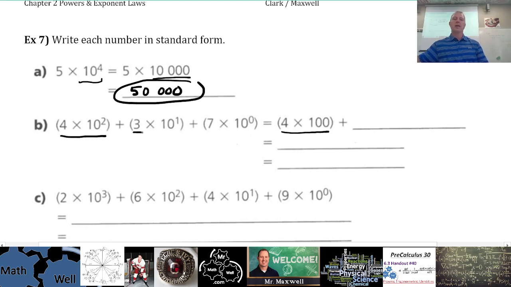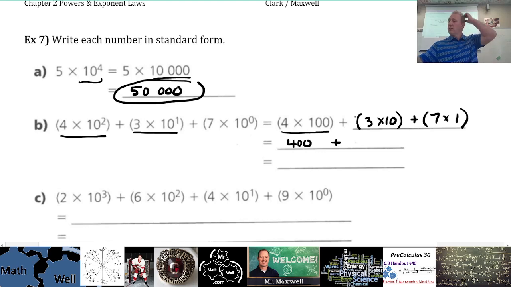Now, what is 3 times 10 to the power of 1? 30. That's 3 times 10, so next step we'll write 30 exactly. And what is 10 to the power of 0? 1.